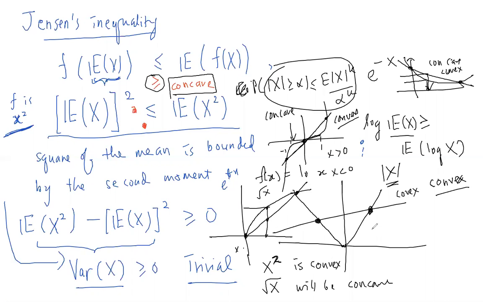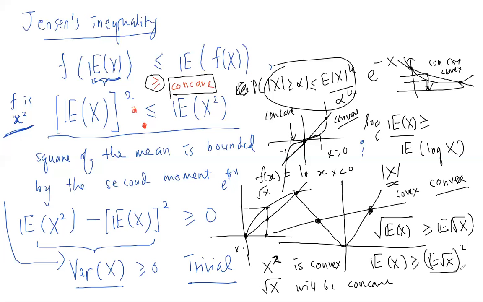So for that, we will have the square root of the expectation of x larger than or equal to the expectation of the square root of x, which gives you the expectation of x is greater than the square of the expectation. So you get some inequality like this.